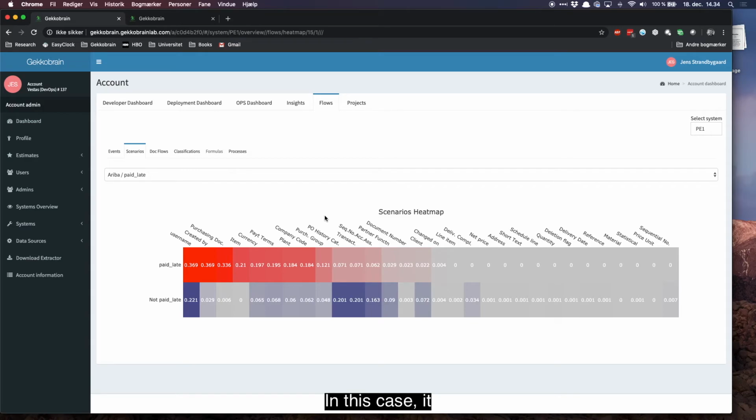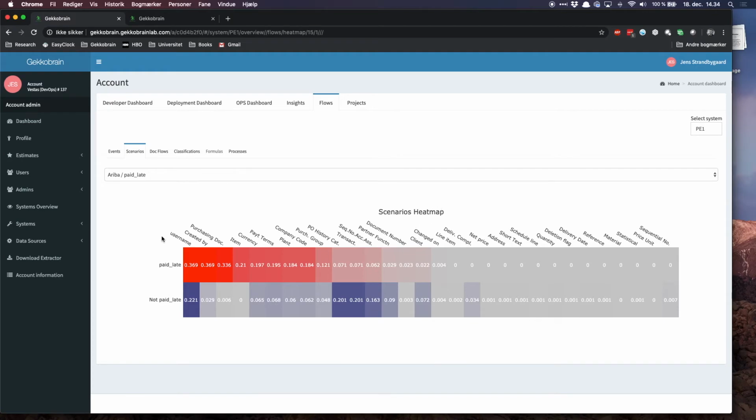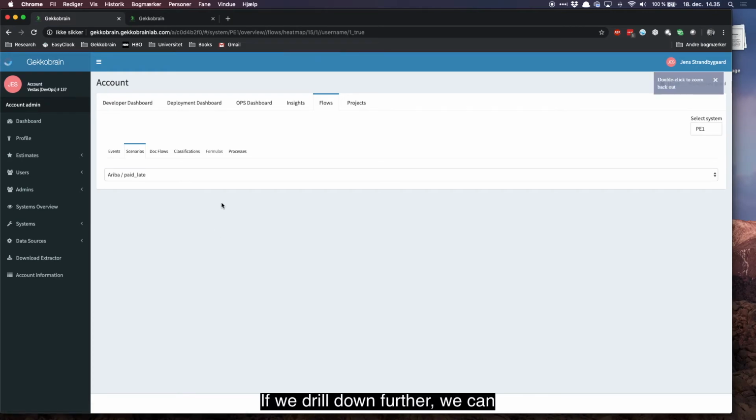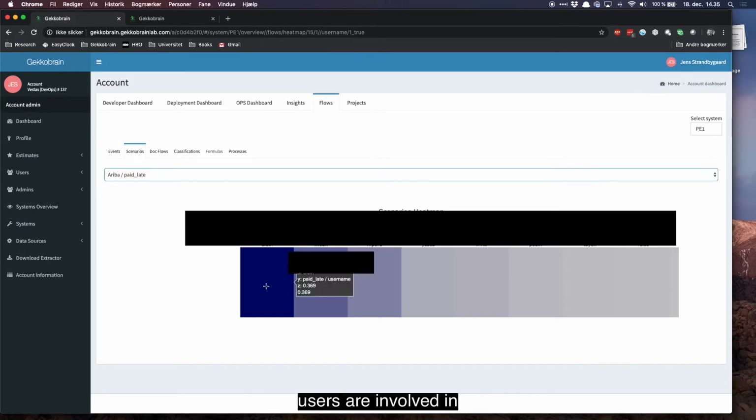In this case, it is clear that the username has a high impact on the reason why invoices are paid late. If we drill down further, we can even see which user or which users are involved in the problematic processes. And in this case, we learn that if this particular user is involved in the Ariba procurement process, there's a 36.9% higher risk of the invoice being paid too late.